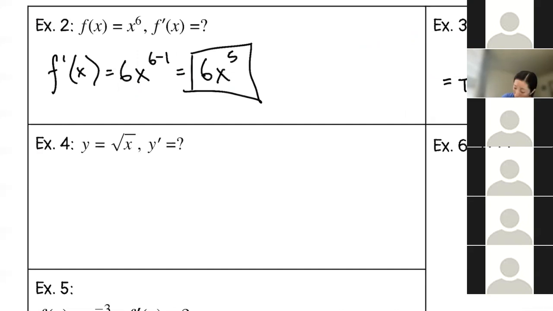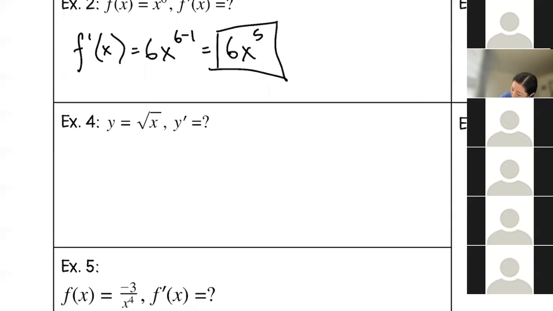Okay. So I see this y equals the square root of x. Now, before I use that power rule, I have to see the power, just like I did in example 3. And so folks in the chat are absolutely correct. We're going to rewrite this as y equals x to the 1/2.